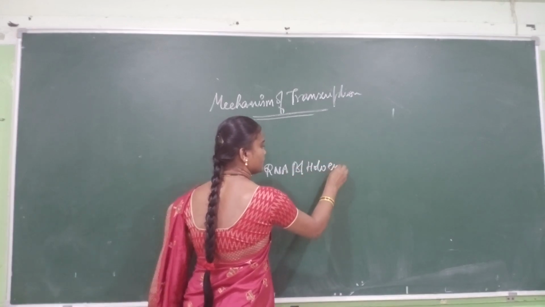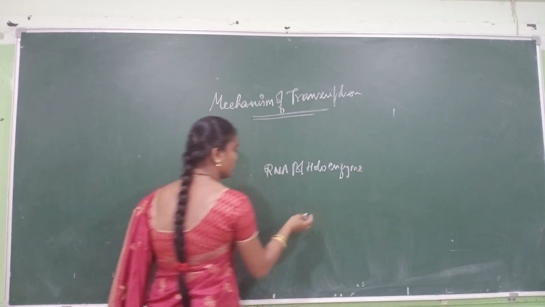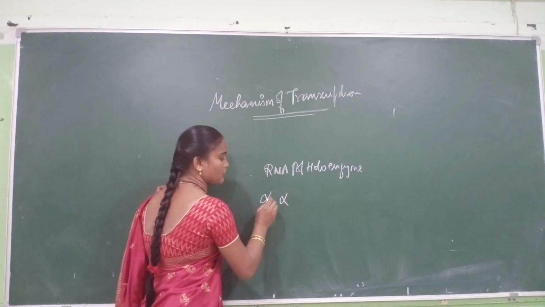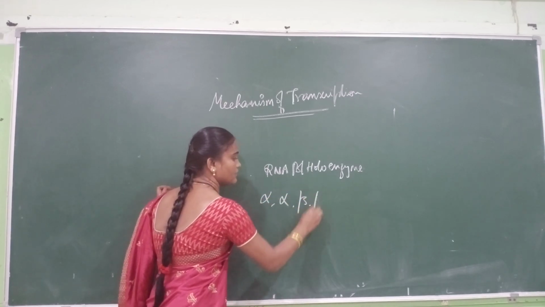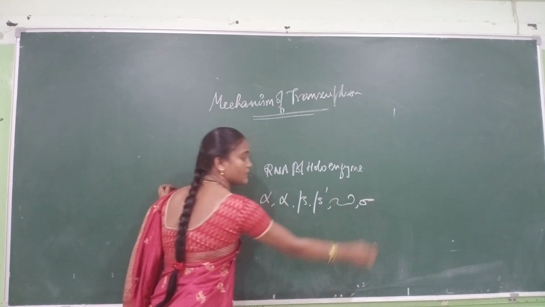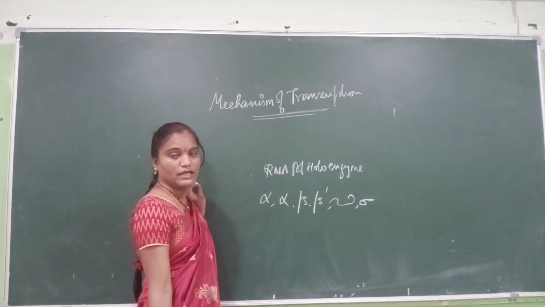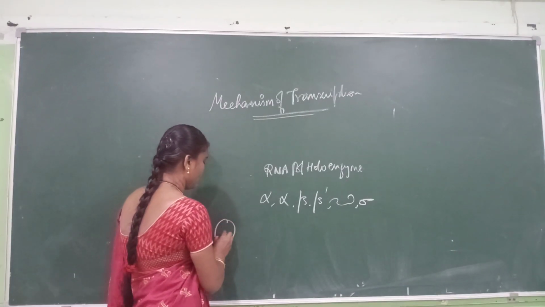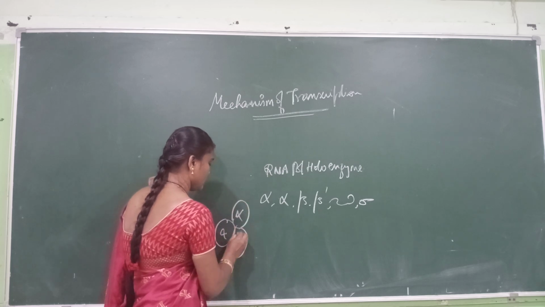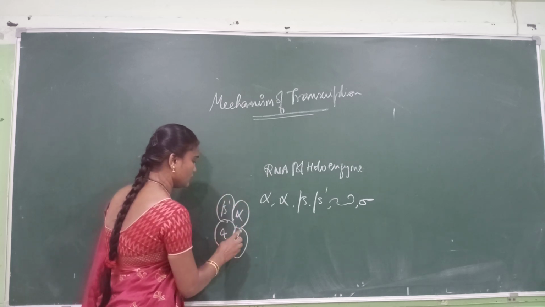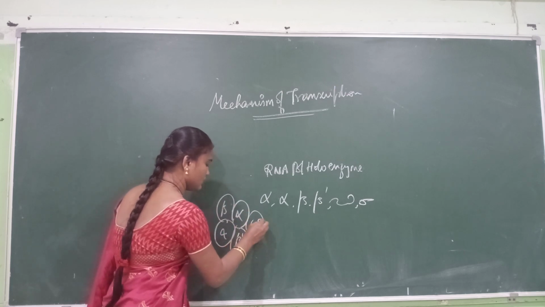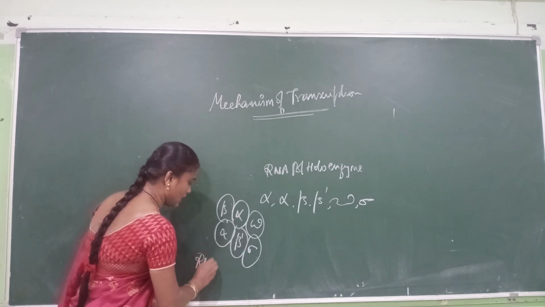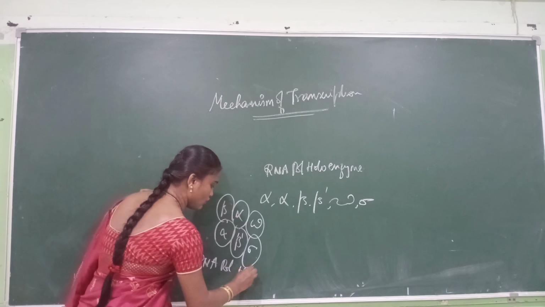Holoenzyme, isn't it? RNA polymerase holoenzyme is made up of 6 subunits: alpha, alpha, beta, beta dash, omega and sigma. So this is a 6 subunit enzyme, and if alpha, beta, beta dash, omega and sigma factor are present, then this complex is known as RNA polymerase holoenzyme.